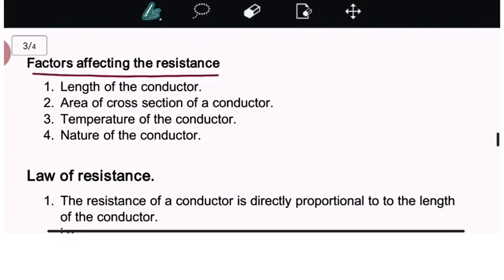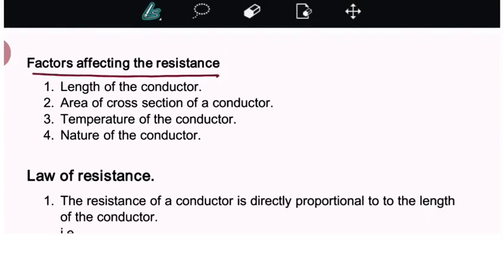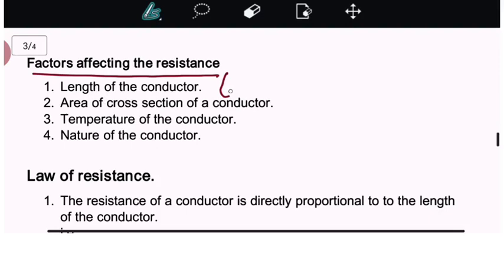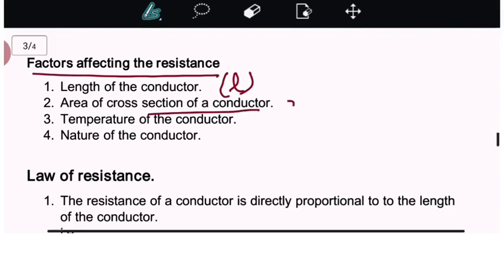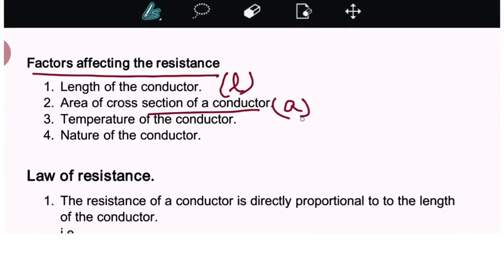Now next, factors affecting the resistance. What are the factors which affect the resistance? The first factor is the length of the conductor, indicated by a small l. Then the area of cross section of the conductor, indicated by A, because capital A is used for ampere, as you have read.